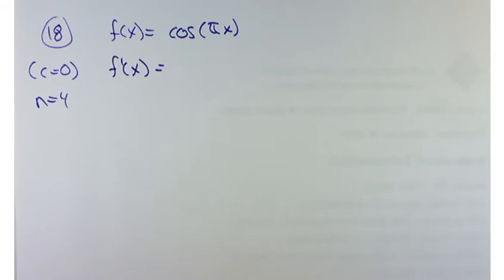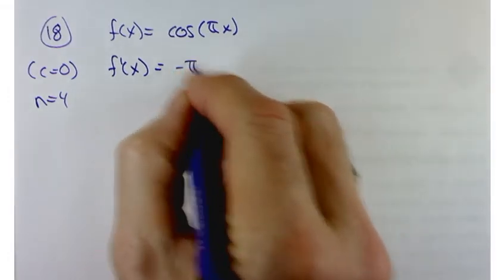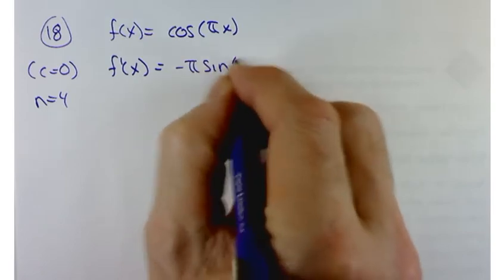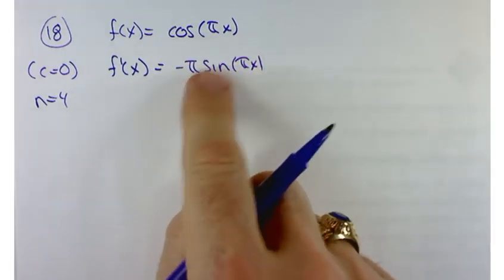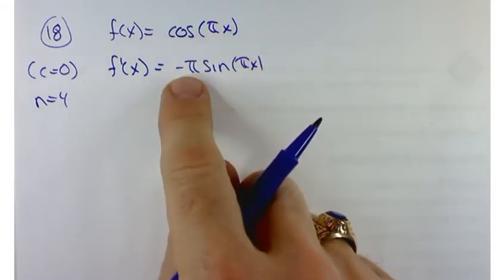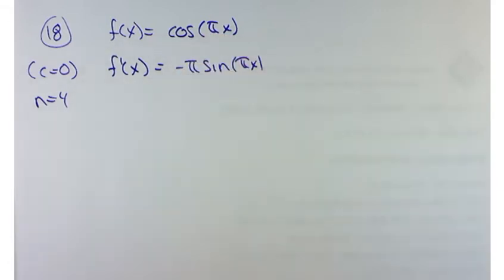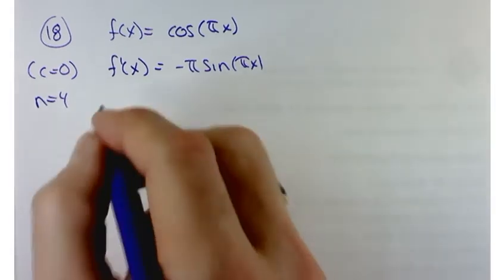How about the first derivative? Negative pi times the sine of pi x, right? Derivative of cosine is negative sine times the derivative of the inside, which is pi. So negative pi sine of pi x.